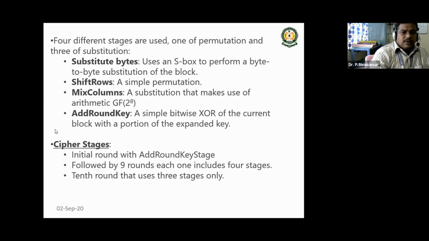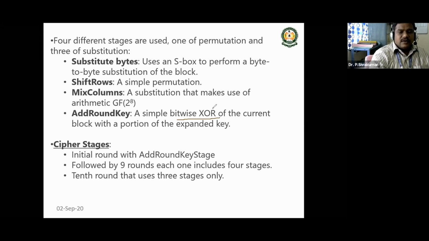In the add round key part, we use the byte-wise XOR. That means the 16 bytes of data coming from the output of the mix column, we take that value, and then the 16 bytes, or 4 words, from the key.